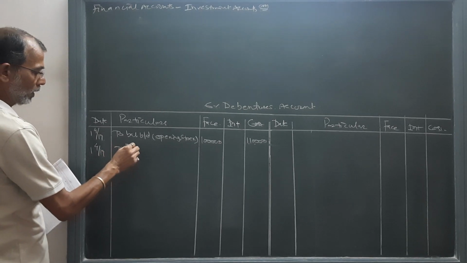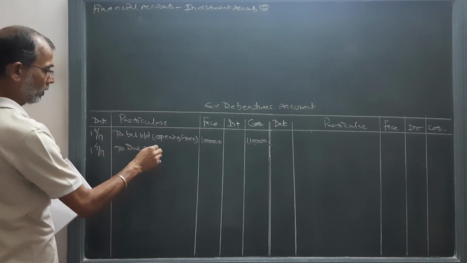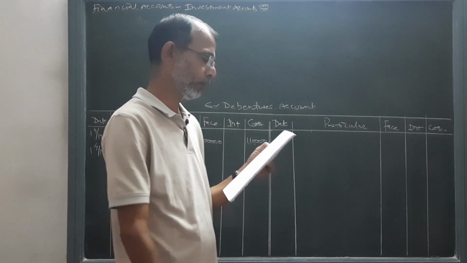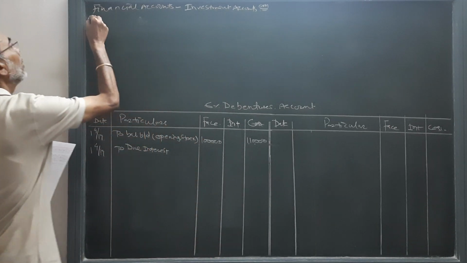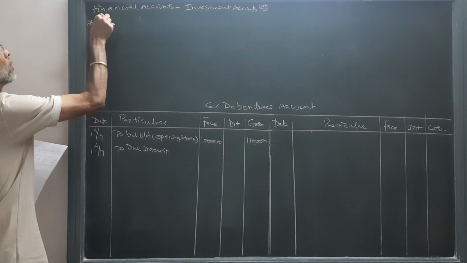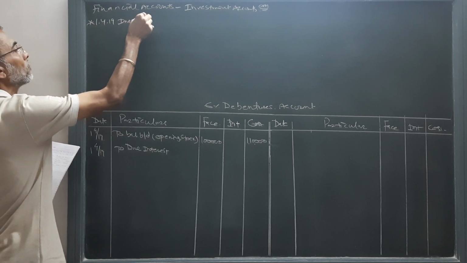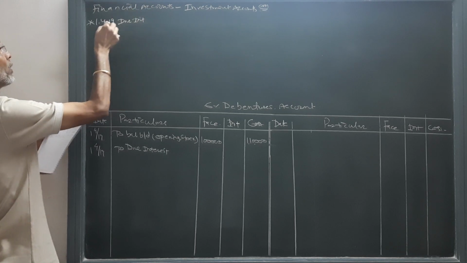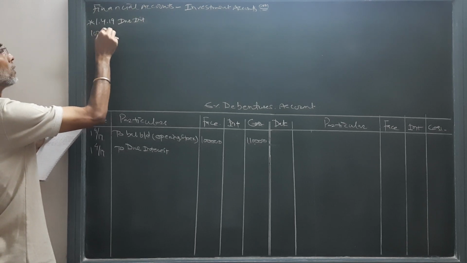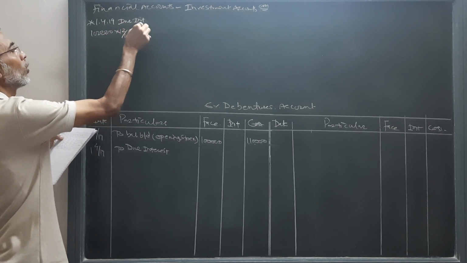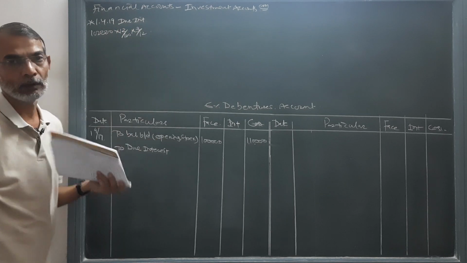Okay. Now second thing we have to do is write to due interest. Due interest will be calculated on 1 lakh at 12% for 3 months.